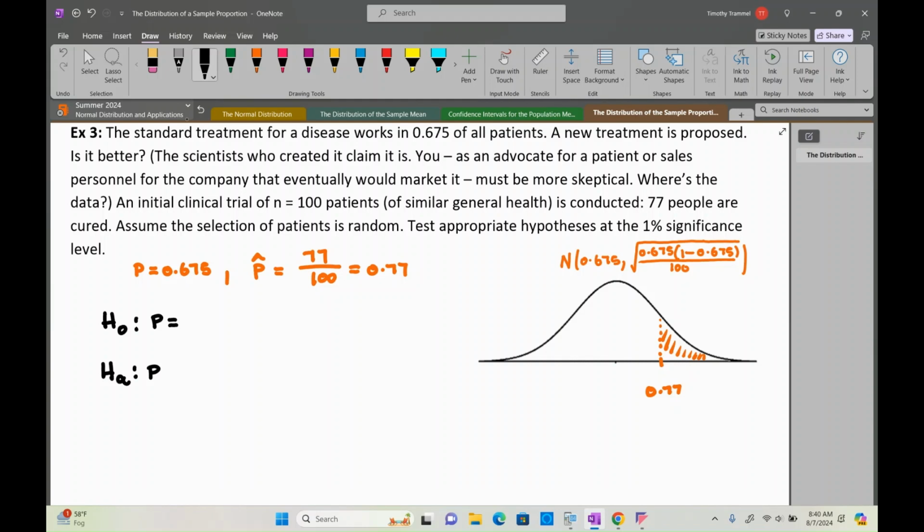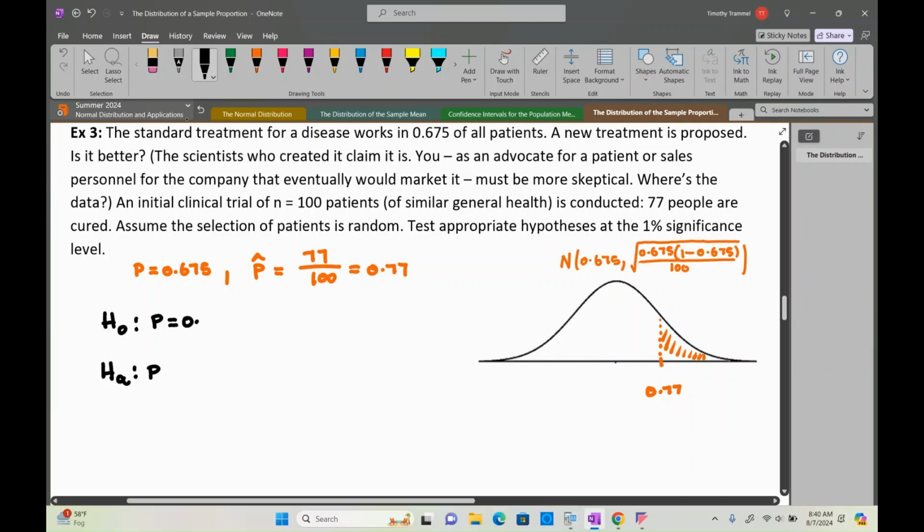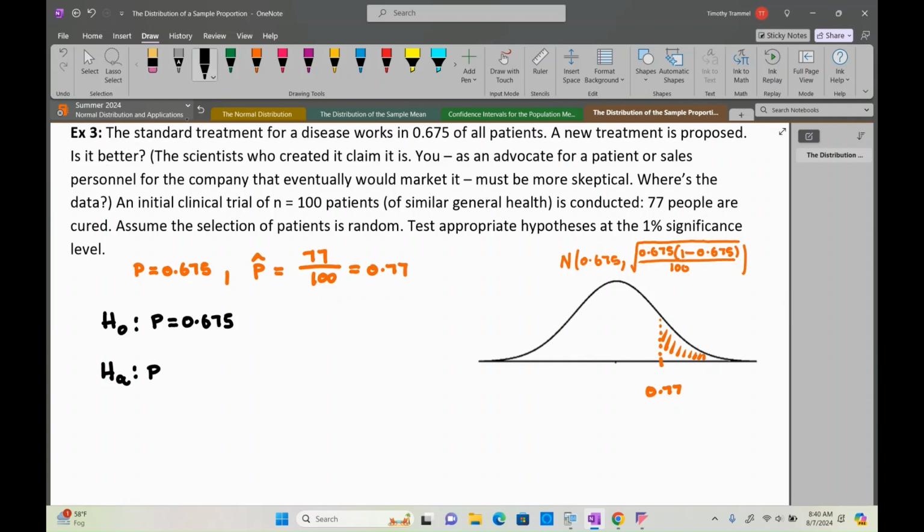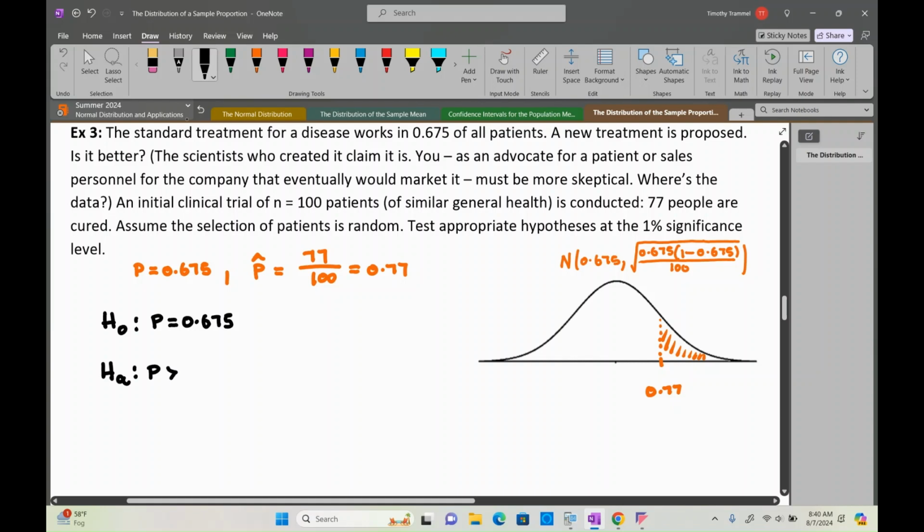We already have the null here, it's 0.675. If we want to know if this new treatment is better, then we want to know, is P bigger than 0.675?